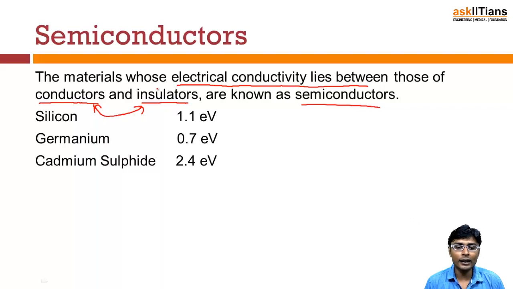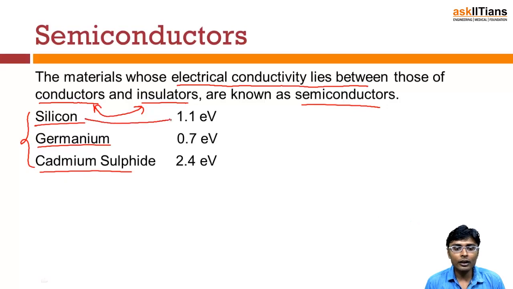They are neither perfect conductors nor perfect insulators, so the conductivity lies in between these two. There are a few examples of semiconductors. First is silicon, second is germanium, and third is cadmium sulfate. These are a few examples of semiconductors.